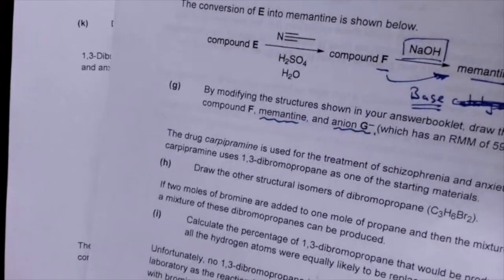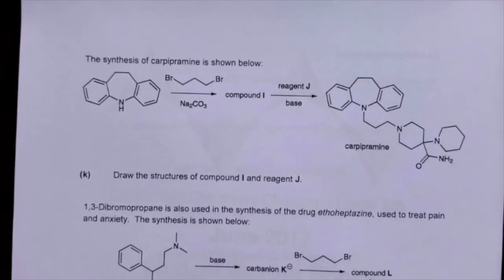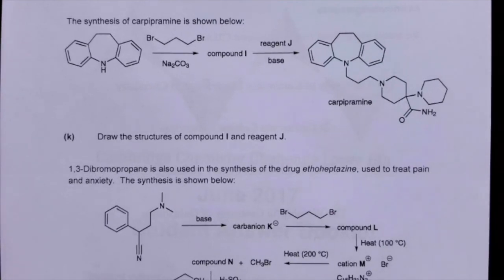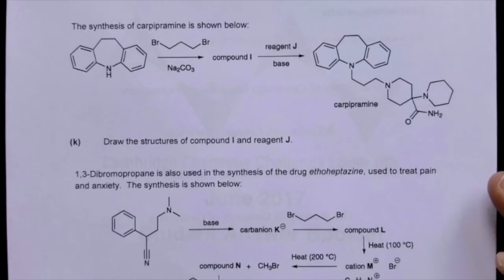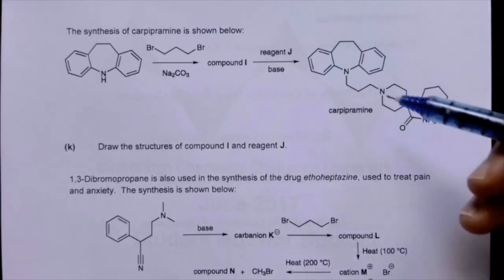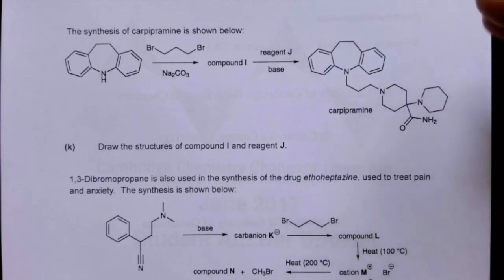Once you've done that one, we can move on to the synthesis of this schizophrenia drug that we're talking about. So this is the synthesis. It looks a little bit scary, but don't worry about it.